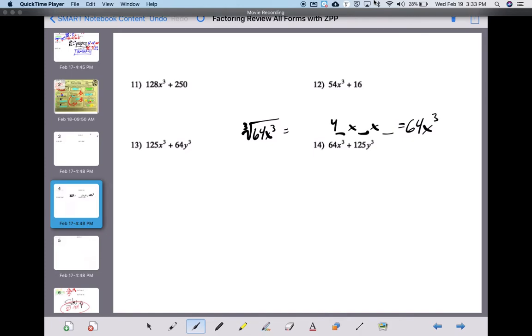It's going to be 4x. Oh, I should use a color there. I shouldn't use x as a multiplication symbol. That leads to confusion. 4x times 4x times 4x is 64x to the 3rd. In other words, the cube root of 64x to the 3rd is 4x. The cube root of 125y to the 3rd is going to be 5y.